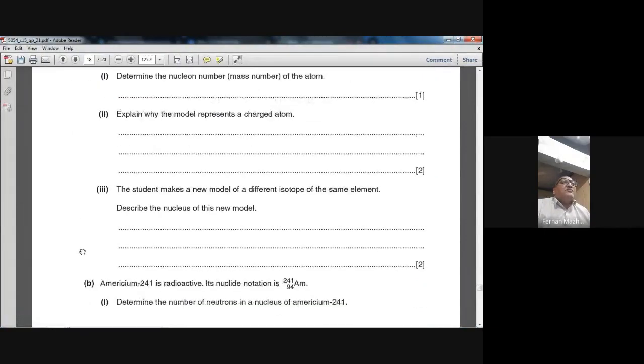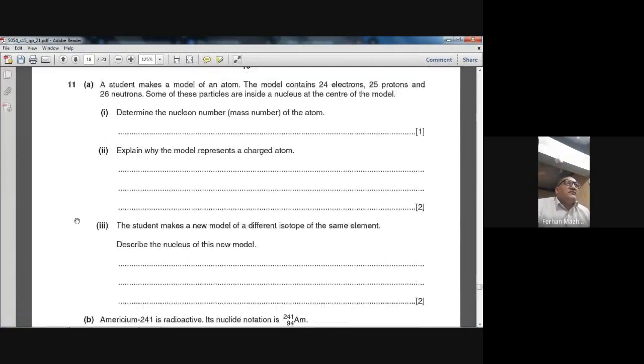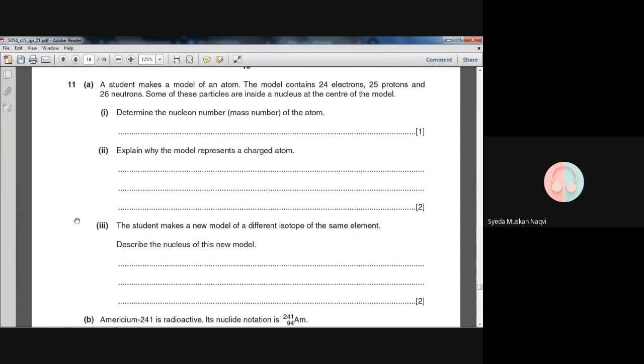Muskan, you're done with the first part? Hello? Yes, sir. 51. Okay. The second part is: explain why the model represents a charged atom. You see, it has 25 protons and there are 24 electrons.